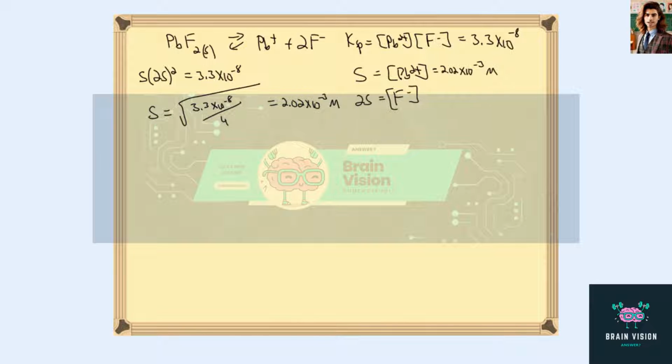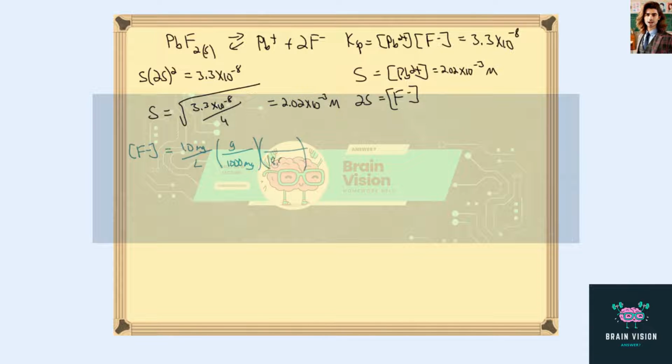Now for student B, the concentration of fluoride in tap water is 1.0 milligrams per liter. We can convert that fluoride concentration into moles per liter by recognizing that there are 1,000 milligrams in 1 gram, and then the molar mass of fluoride is 18.998.